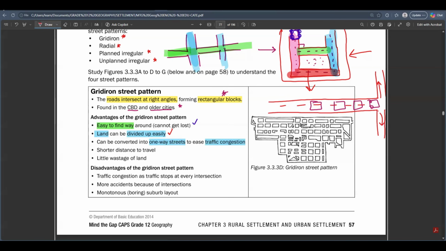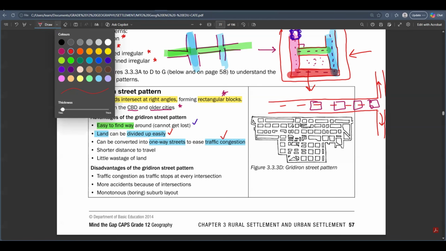So the grid iron pattern is an advantage, because you can convert it into a one-way street so that you can ease some traffic congestion. But if it was just one long road with no other roads intersecting it, it would be hard to control traffic congestion. The cars would just pile up and have no other way to go.